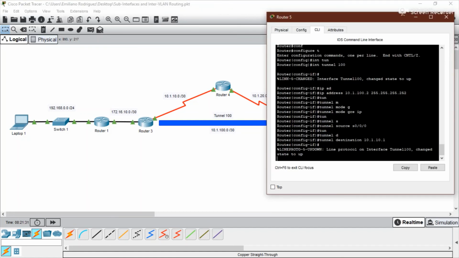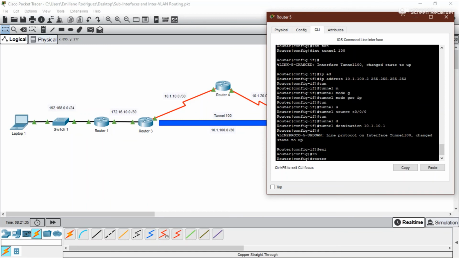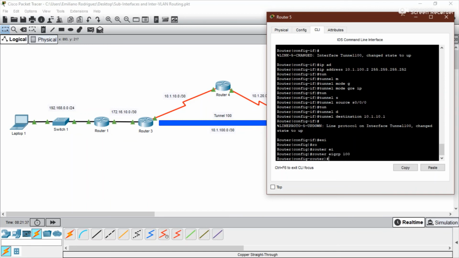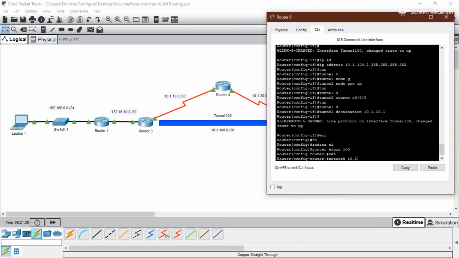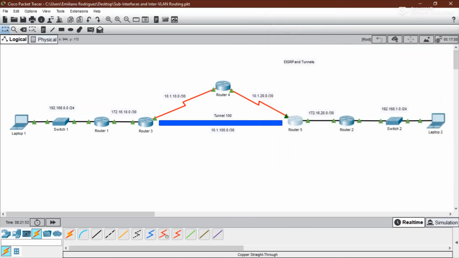And the same on router 5. Network 10.1.100.0/30. We now have an IP EIGRP adjacency through our tunnel 100.